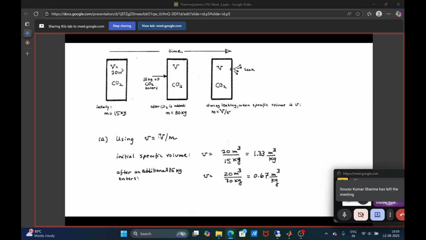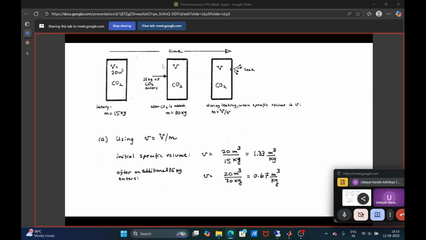We know specific volume is the volume divided by mass. Here the volume remains the same, but the mass is changing. The initial specific volume is 20 meter cube by 15 kgs, which gives you 1.33 meter cube per kg.